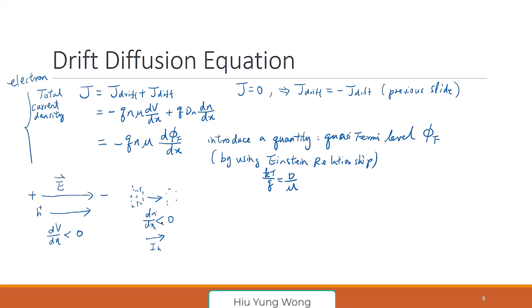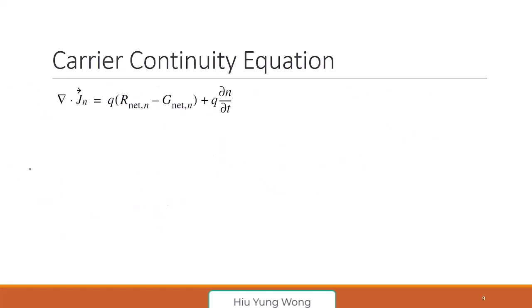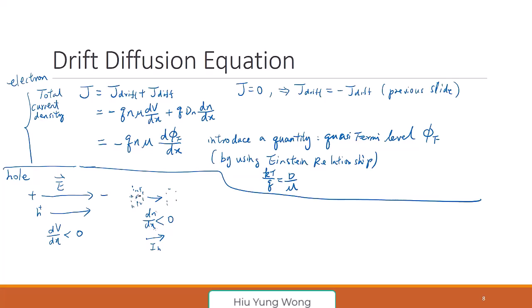Am I right? Are you referring to the concentration of electrons? Of hole, sorry, here we're talking about hole. The concentration would decrease. It is higher here, right? So it is negative, dN/dx, right? Because we set the right to be positive direction, right? So it becomes smaller. So dN/dx is negative.